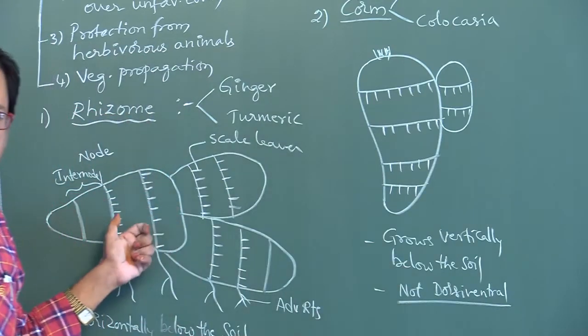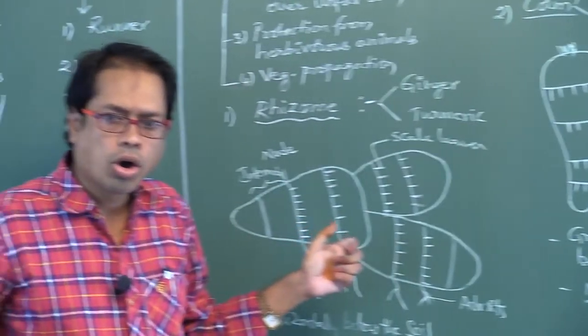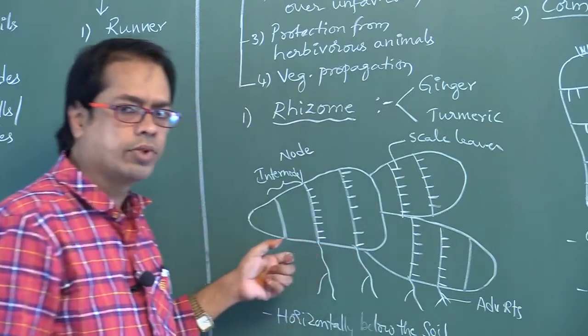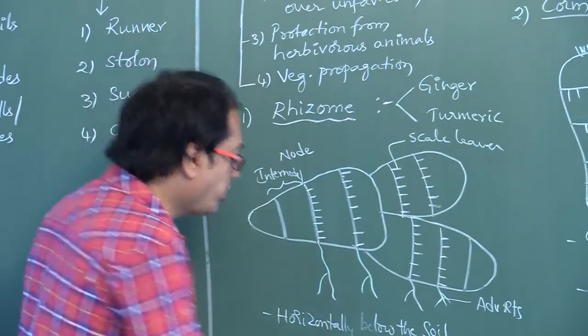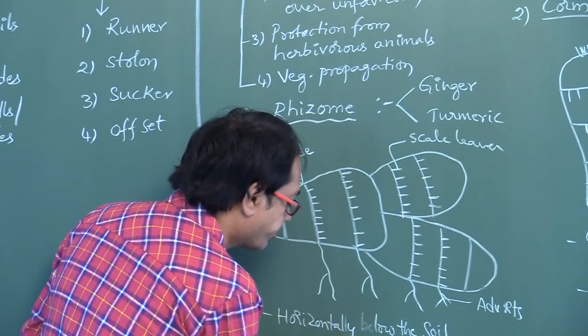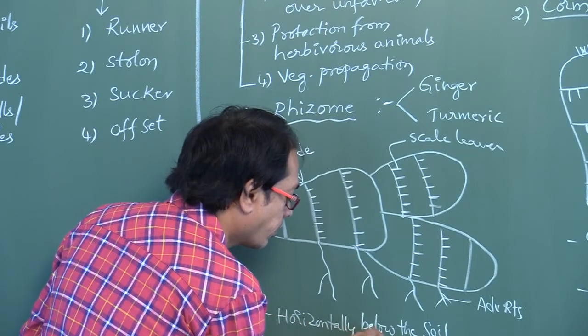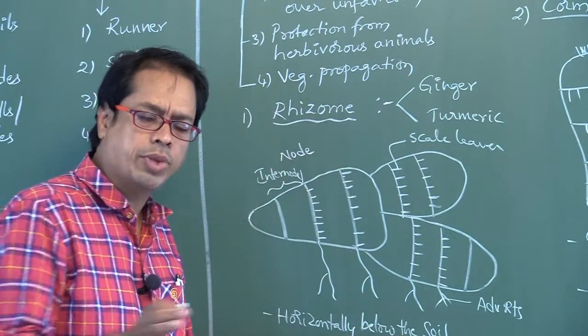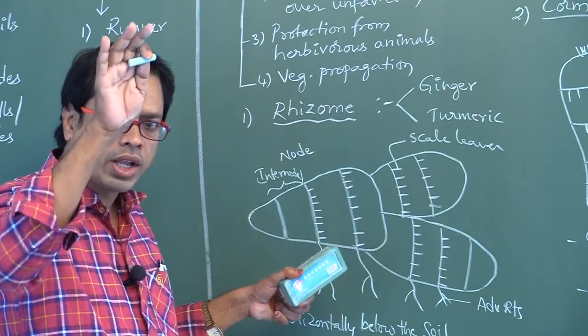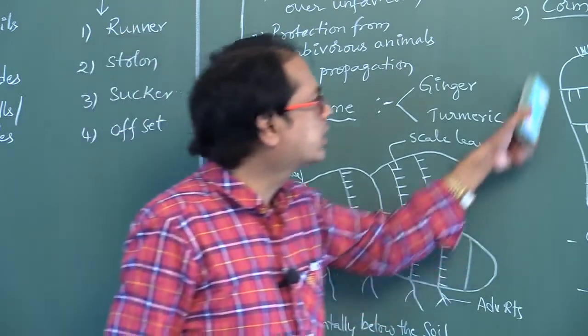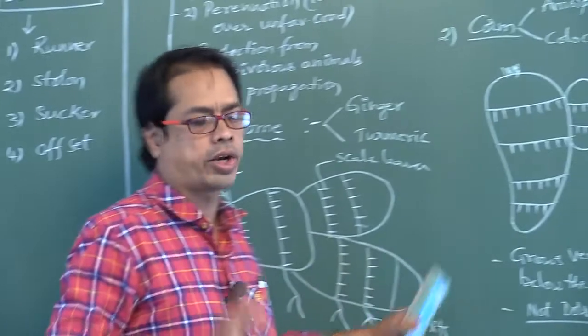So the underground stem modification that grows horizontally below the soil is rhizome. Vertically below the soil means corm. Very, very important.